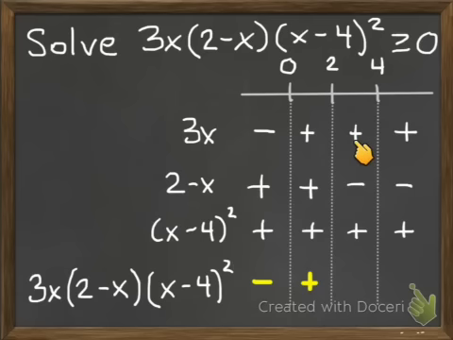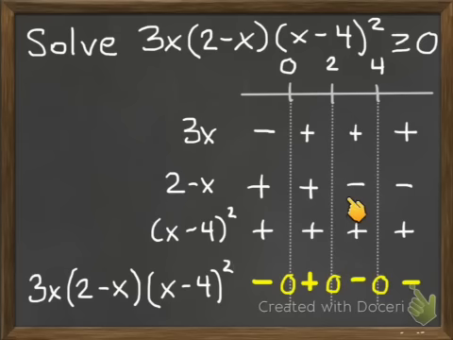When we multiply a positive by a negative by a positive, which is what we're doing in each of these last two intervals, we're going to get a negative number. And remember that in between here, when x equals 0, when x equals 2, or when x equals 4, those are all the values where our expression on the left is equal to 0.